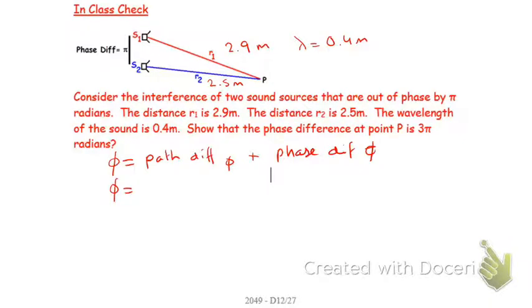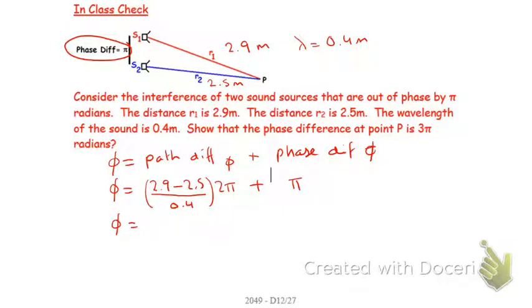My path difference phi would be 2.9 minus 2.5, that's my path difference in meters, divided by 0.4, that's my path difference in wavelengths, times 2 pi, that's my path difference in radians. Plus, I was told up here that this is 1 pi, so that's going to be pi. So this is going to be 0.4 over 0.4 times 2 pi plus pi, which equals 3 pi.